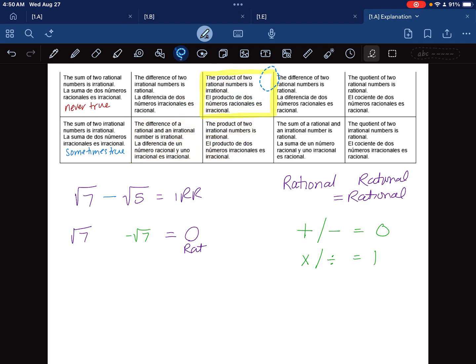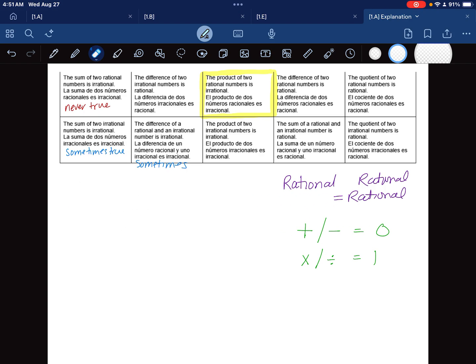Let's talk about products. Let's erase some of this stuff. A product is multiplication. It says the product of two rational numbers is irrational. Well, rational numbers are like 5 and 3.